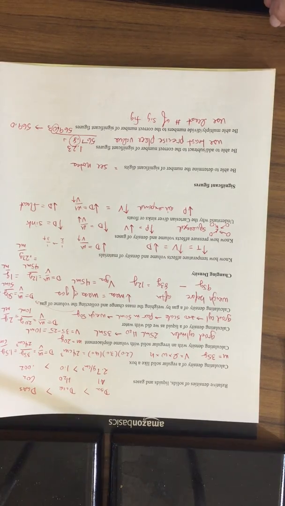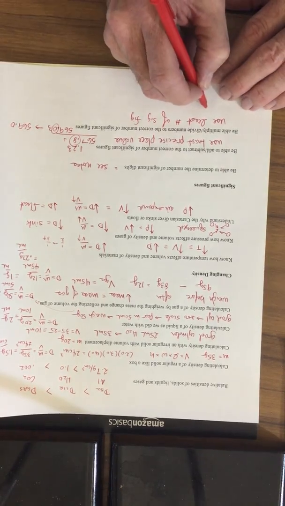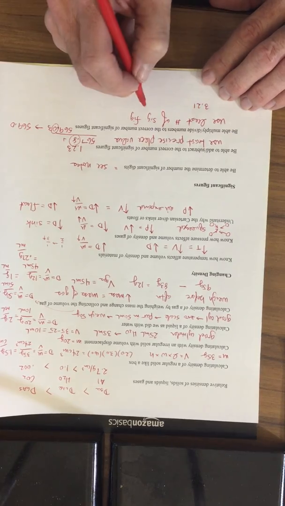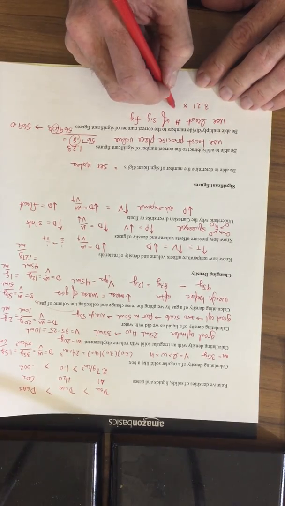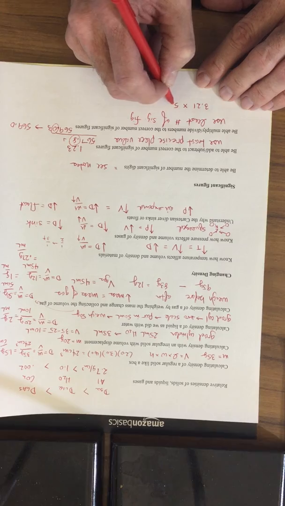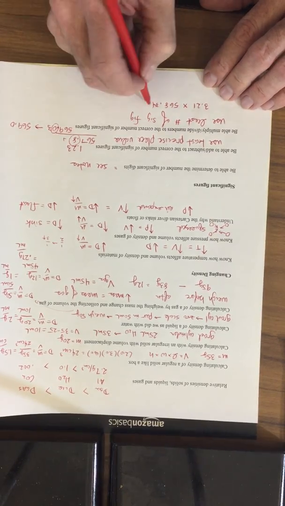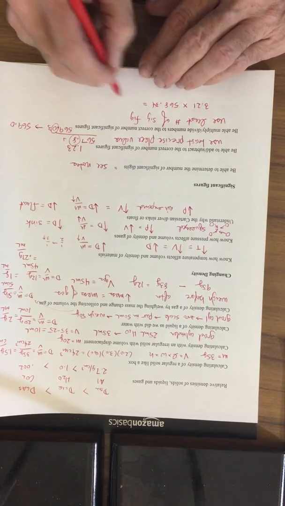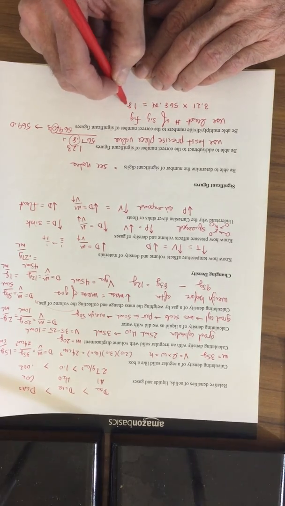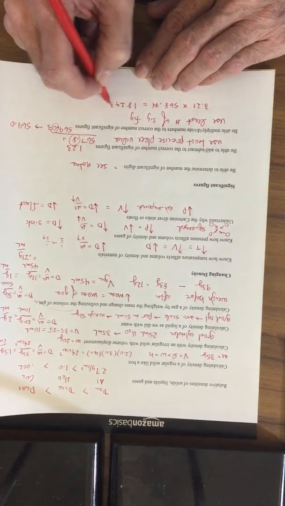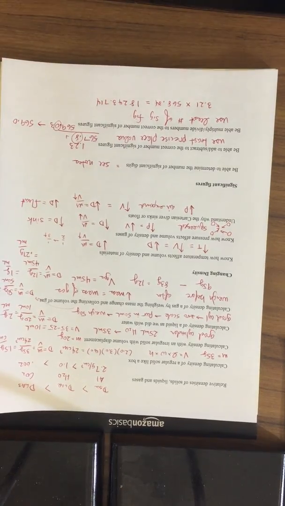We'll do 2 problems and we'll do more in our review. We have 3.21 times 568.34. If I multiply that on my calculator, I get 18243.714.